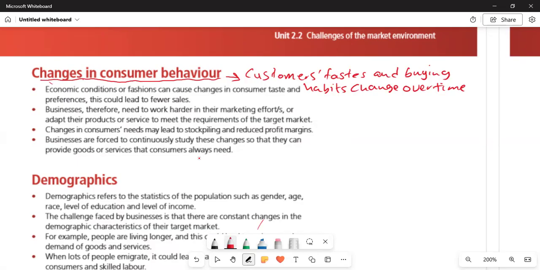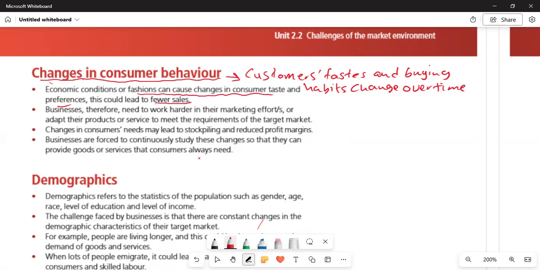That is another challenge. As it says, economic conditions or fashion can cause changes in consumer taste and preference. This could lead to lower sales. As you know, fashions change over time.